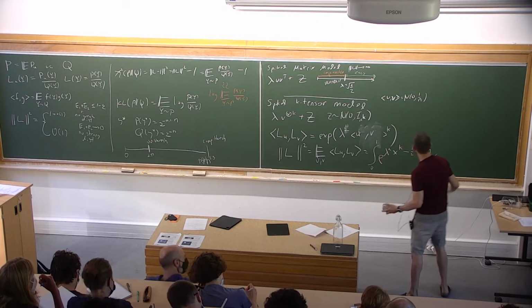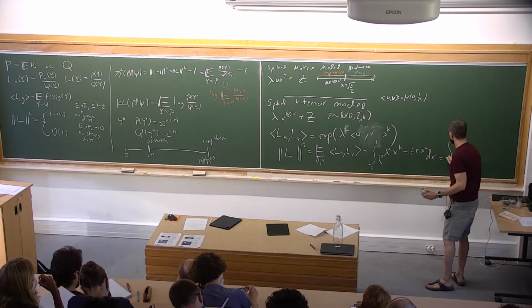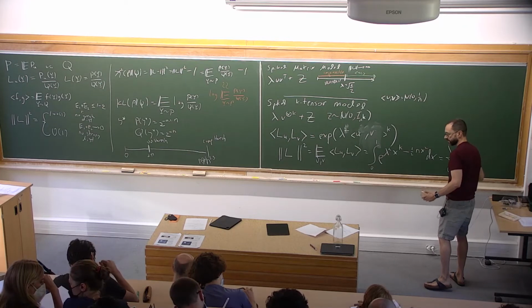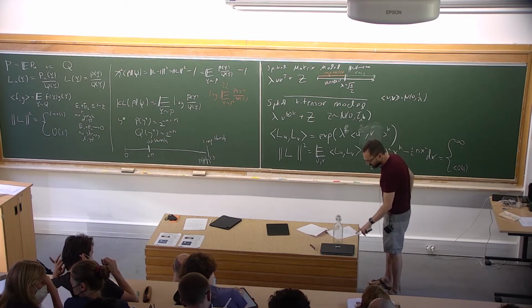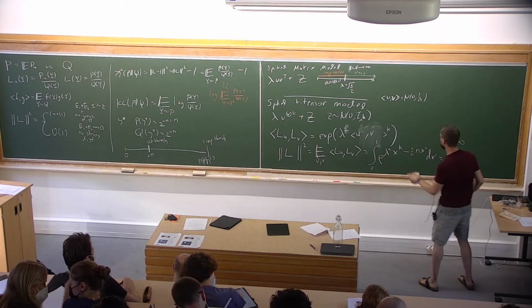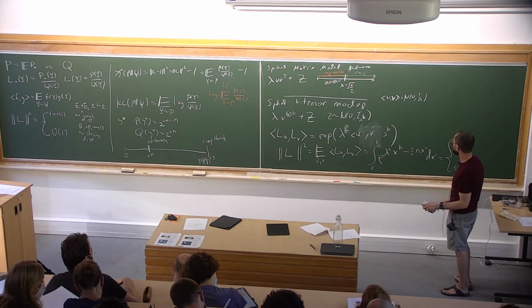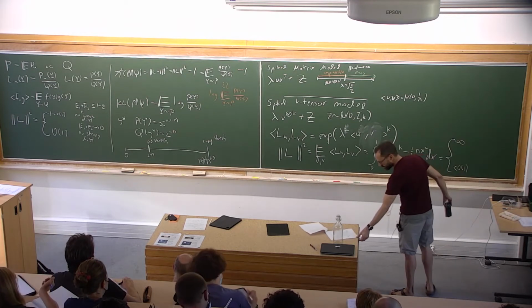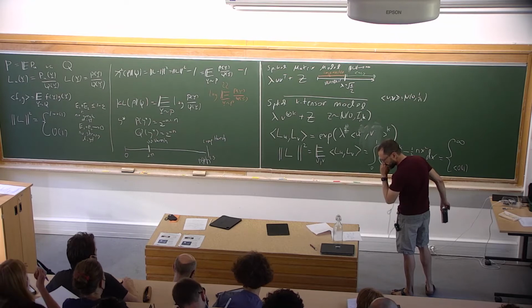So then we just want to say when this is infinity and when this is bounded. Right, so here we just look at the largest thing where x is 1.